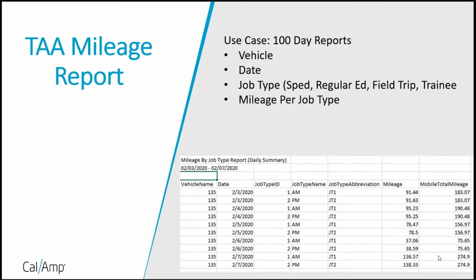You can have 10 different job types happen in one day, and it will keep breaking out the mileage. On the right side, you will see there's 183 miles total for the vehicle for that day. So between HTML5 and TAA reporting, you have your simplistic miles on HTML5, which is your main platform, and on TAA you can branch those out and get more data to give to different reports.